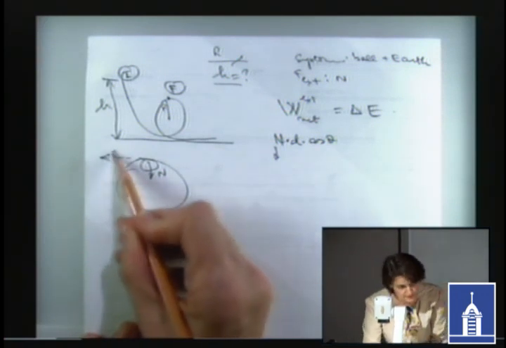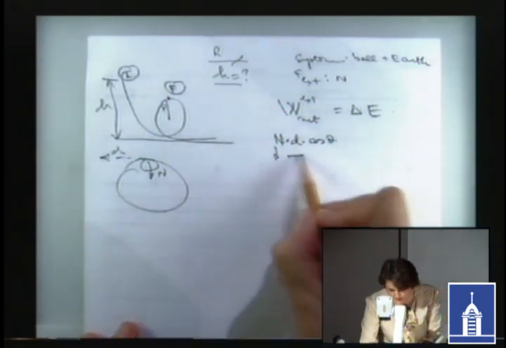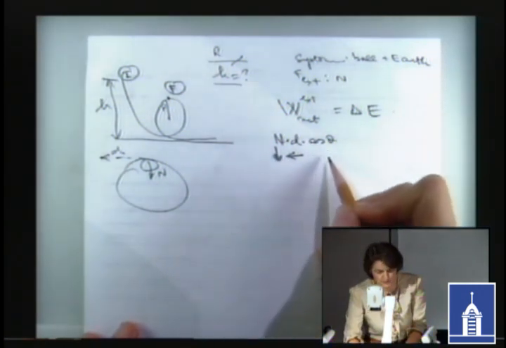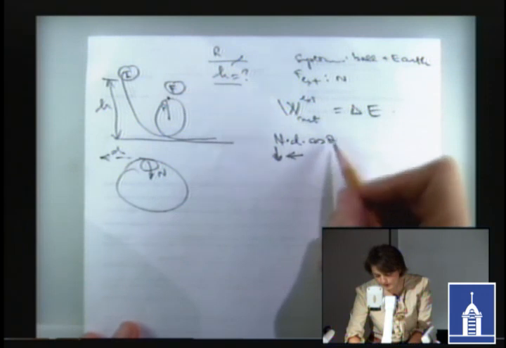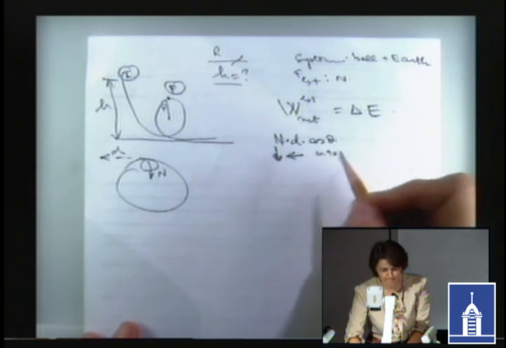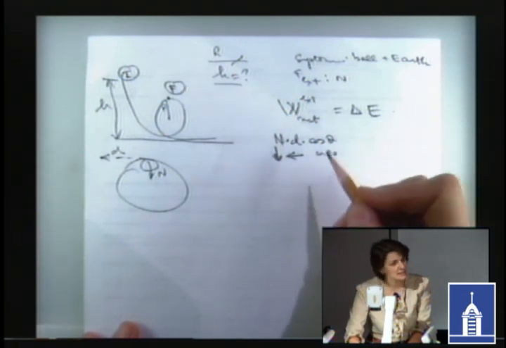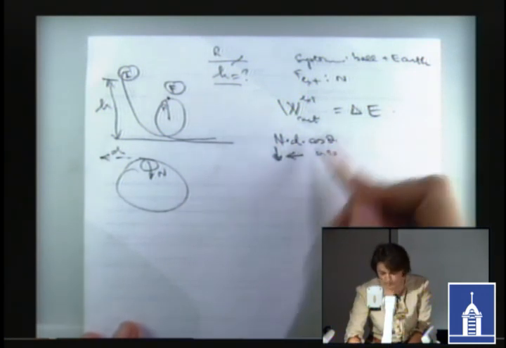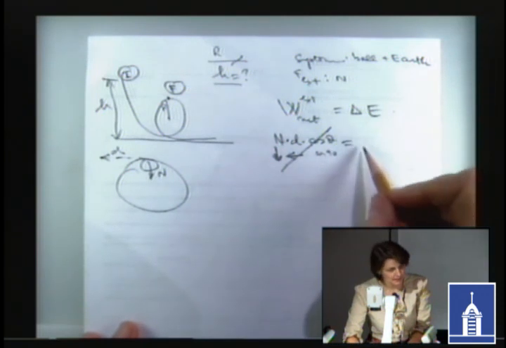The ball is moving like this, right? So here is displacement. What is the cosine between displacement and force? 90. Very good. What is cosine of 90? Decide with your partner. It's 0. 0, right? Equals delta E.